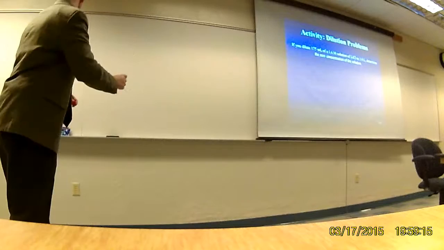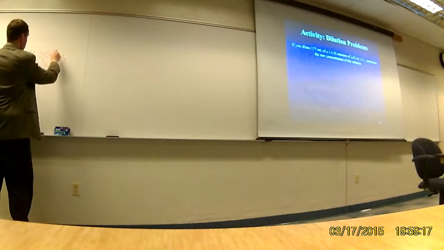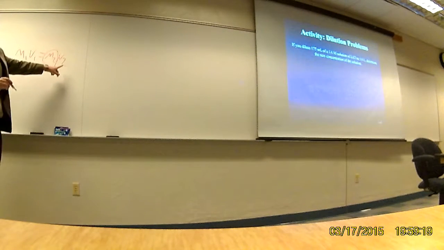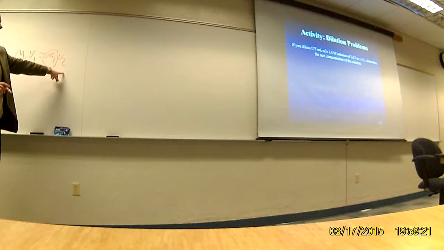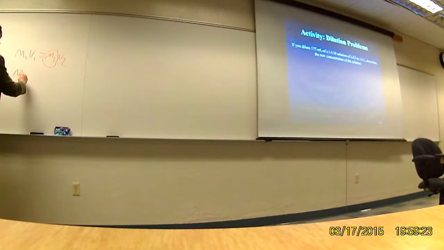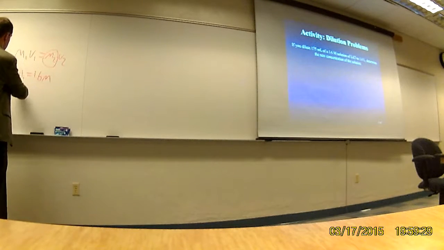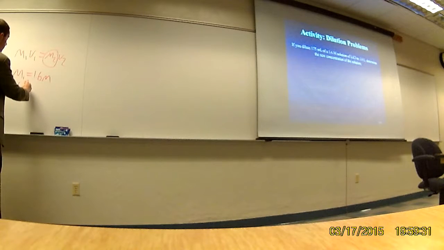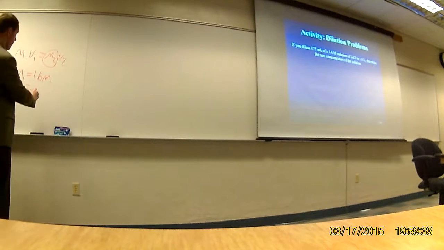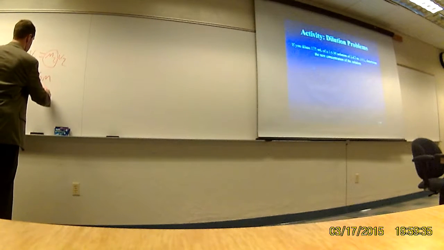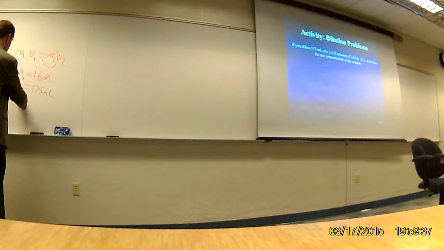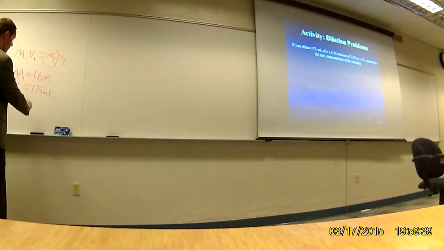We don't have M2. So we're trying to solve for M2, which means M1, V1, V2 have to be given to us. What is M1? 1.6 molar. What is V1? 175 milliliters. What is V2? 1 liter.